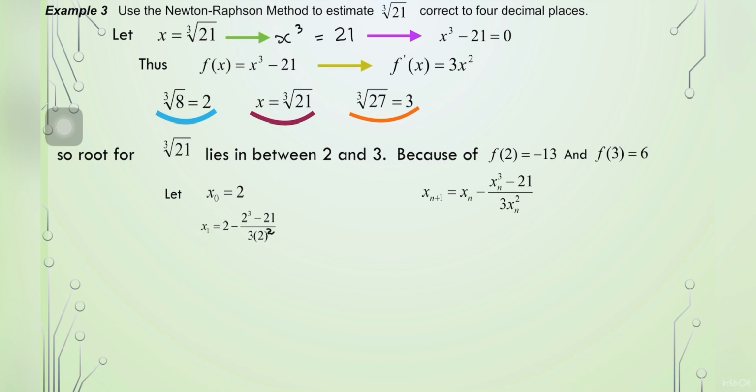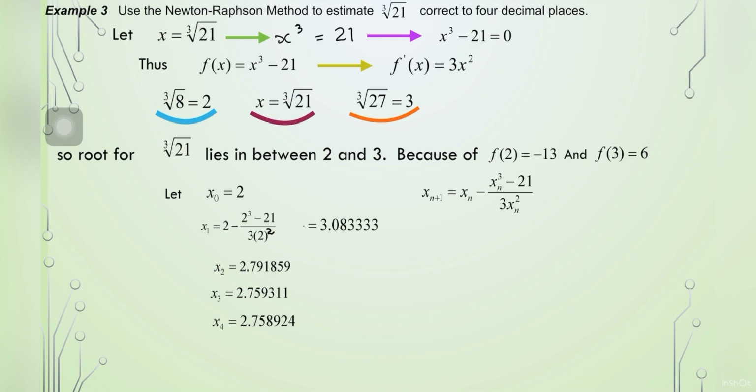And then we have 3.083333. After this we calculate using the calculator. We have 2.791859, and x3 equals 2.759311. x4 is 2.758924.